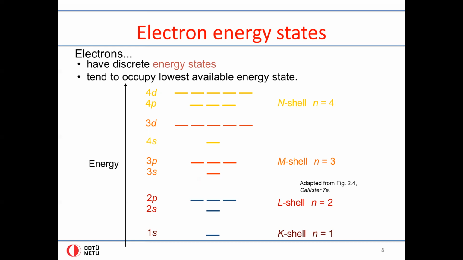And naturally, the lowest available energy state is occupied by an electron first. So it starts filling from the bottom up.